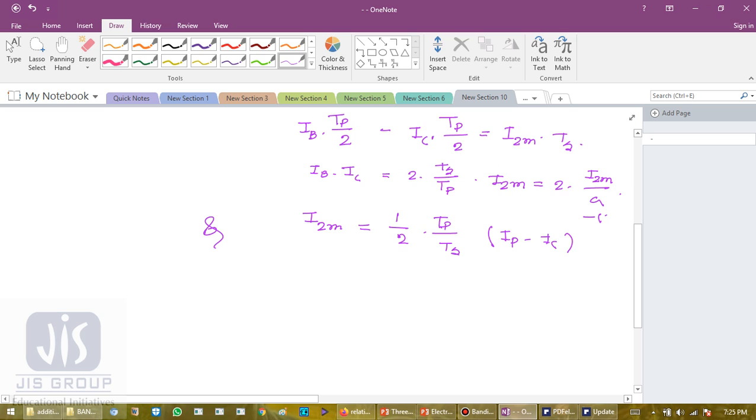So this is equation 3. This equals A by 2 into IB minus IC. So this is equation 4.